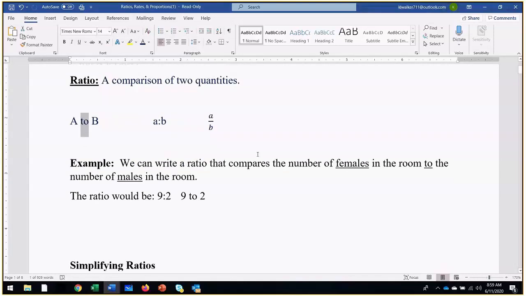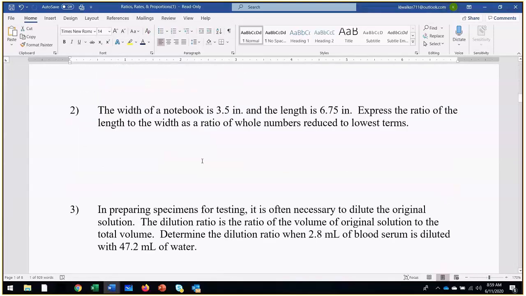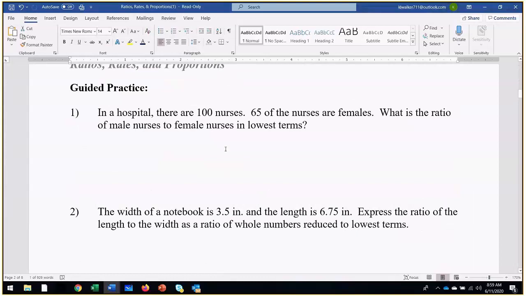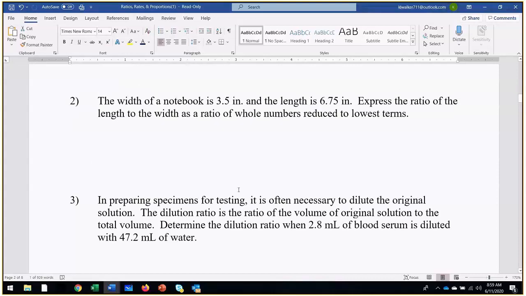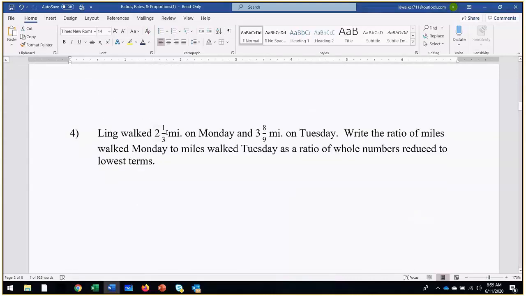So when I set these other ones up that we've finished doing, I was putting them in fraction form, and I was basically dividing them out. When we're working with these 2 now, I'm still going to divide them. That part's not changing, but the way that it looks is going to look a little bit different than what we've been doing. So let me show you what I mean.